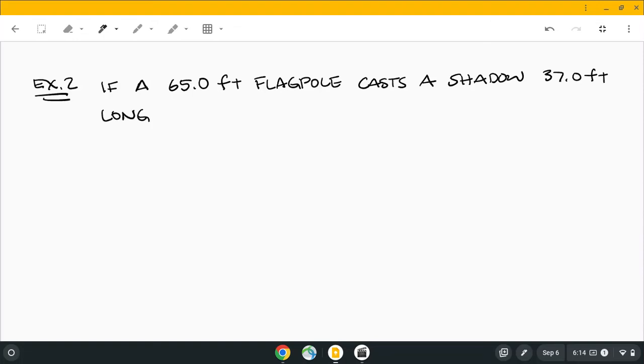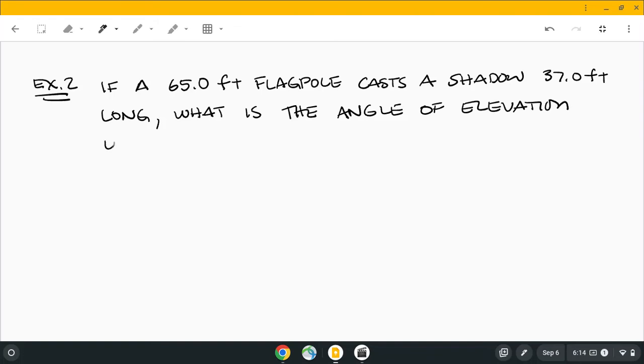So again, 3 significant digits. What is the angle of elevation of the sun from the tip of the shadow?